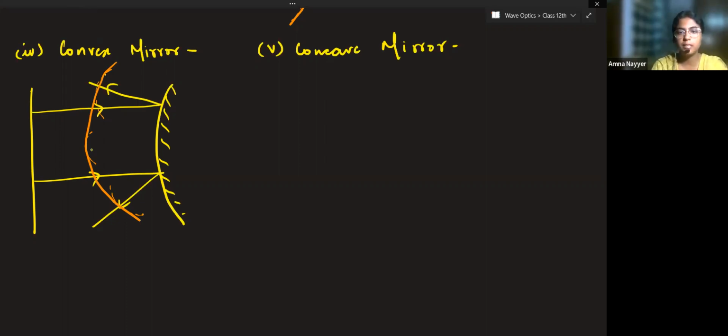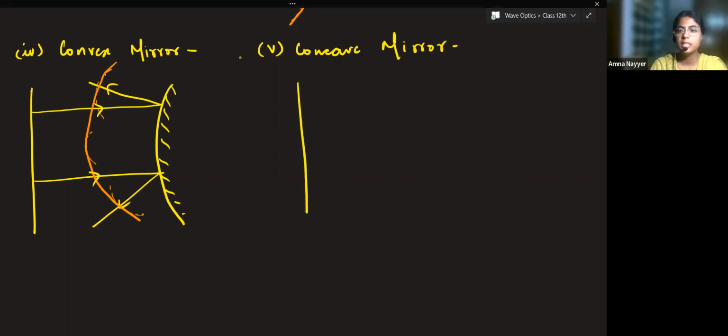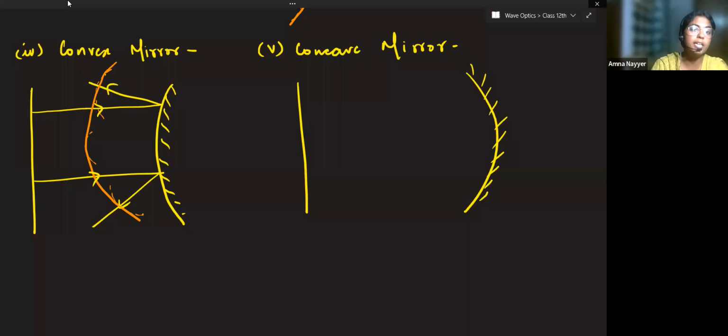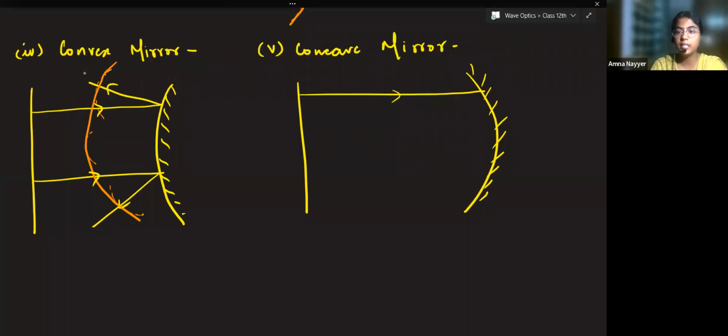Let's take the concave mirror. This is a plane wavefront that is there. This is a concave mirror. In a concave mirror, the rays of light do not get diverged like this. Here, if rays strike, they will converge. Converging, diverging in this way.